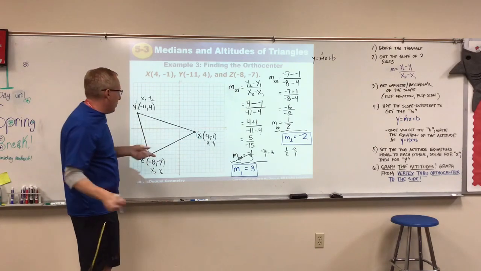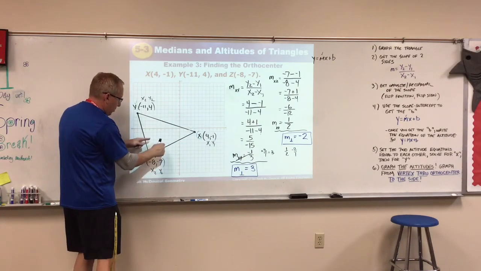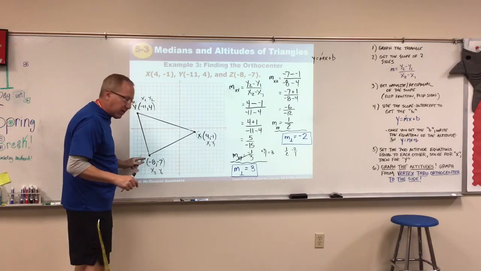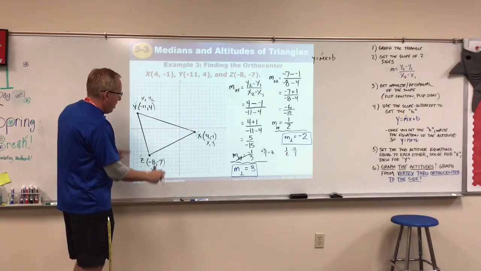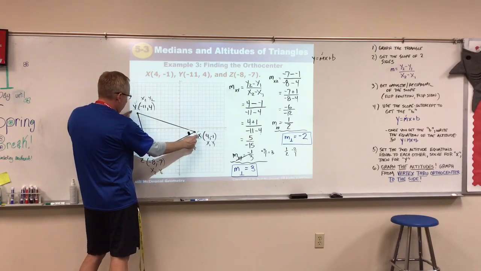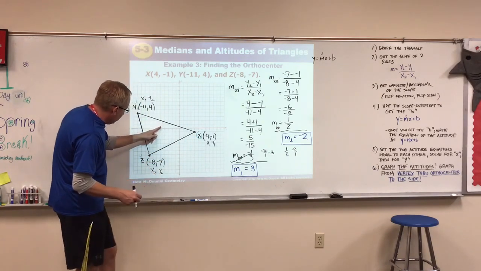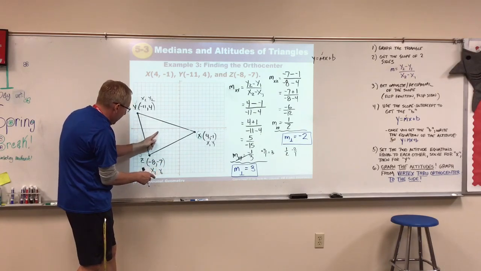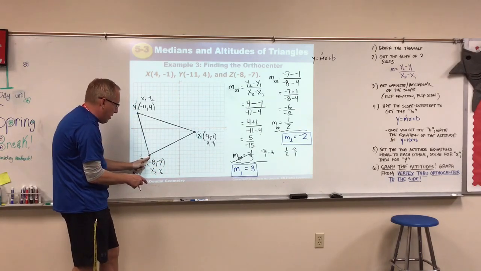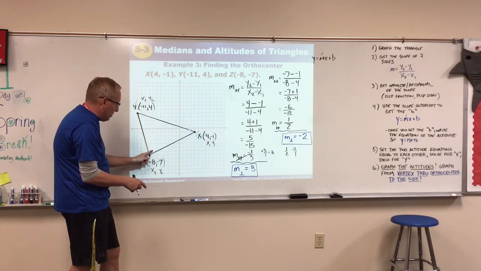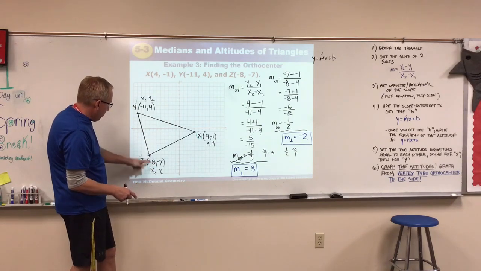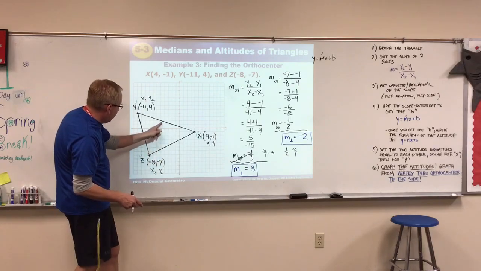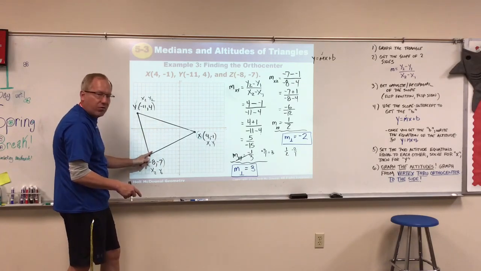How this works is you're going to have to use the vertex that the altitude runs through. If we're looking at xy, and the altitude is going to run through here, we got that slope of 3. The altitude has to run through this point, and if a point is on that line, we can use it. So we're going to use negative 8 and negative 7.